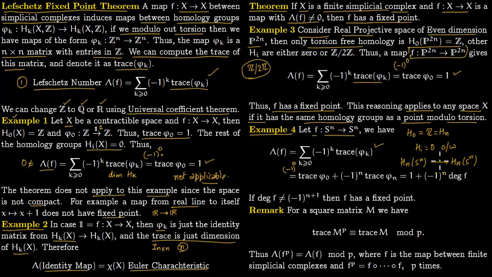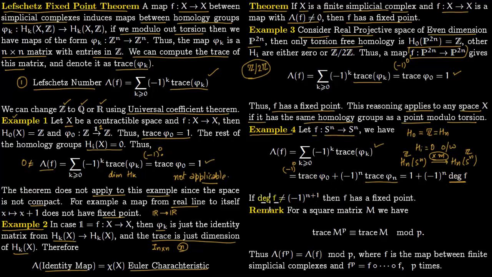So this is the definition of the degree of the map f. If you have a map f from Sn to Sn, this map Hn Sn to Hn Sn, whatever you multiply by, say some integer m, is called the degree of the map. So the trace will just be, because it's just a single thing here, just Z here, Z here, multiplication by m. So this is the trace, which is nothing but the degree of f.